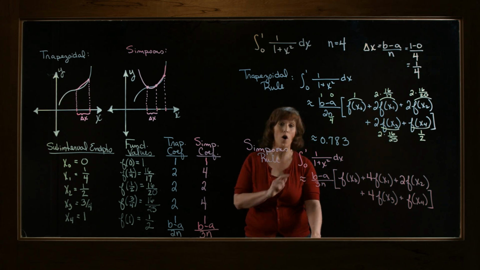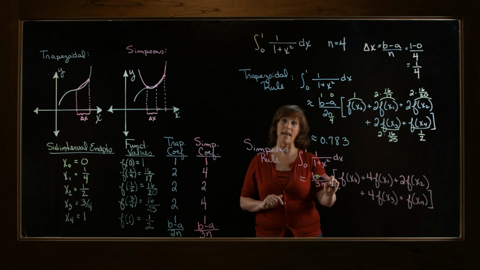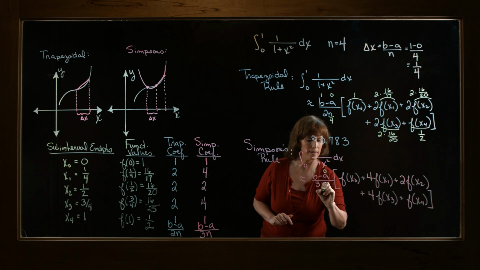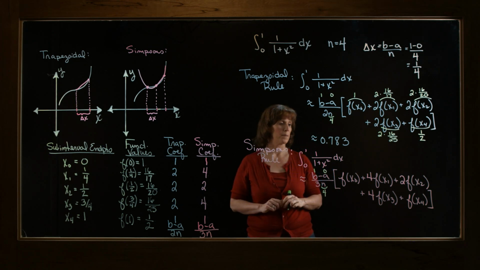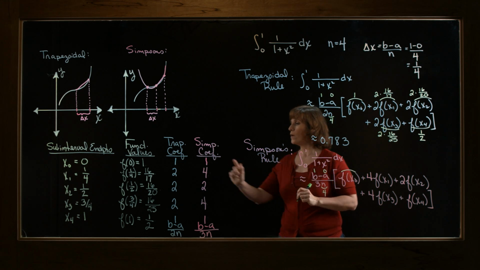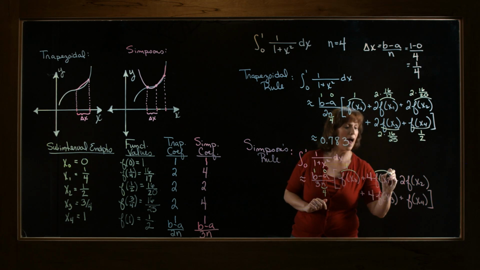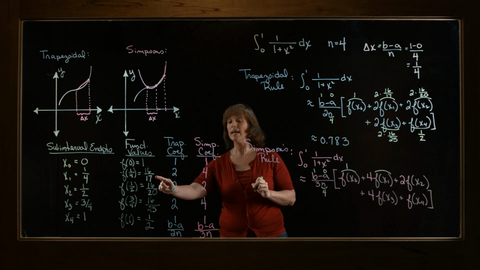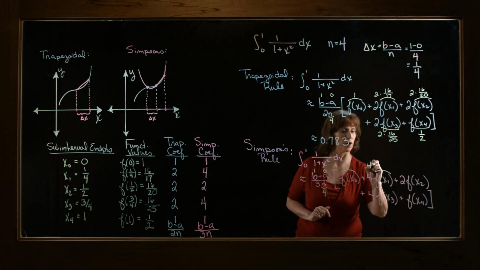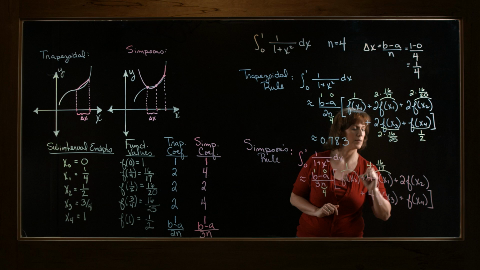Now let's take a look at what all these individual pieces are. Well, we know that b is 1 and that a is 0. And we know that n is 4. F of x sub 0, we've already calculated that to be 1. F of x sub 1 is 16 over 17, but don't forget your coefficient of 4. So that's 4 times 16 over 17.